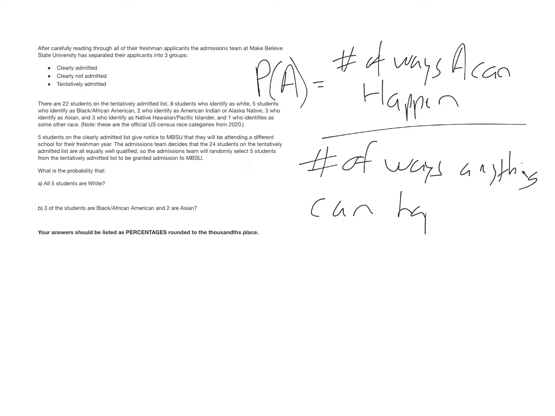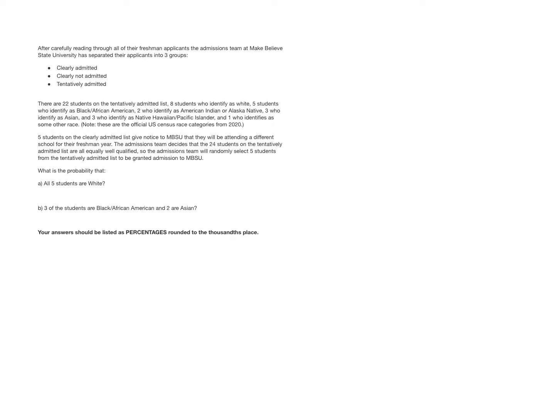I often like to think about that denominator first. What am I doing here and how many ways can that happen? Let me get rid of that because that's just massive nonsense here. The thing that's happening is we have 22 students on our list, and we're randomly choosing 5 of them. So how many ways can that happen?